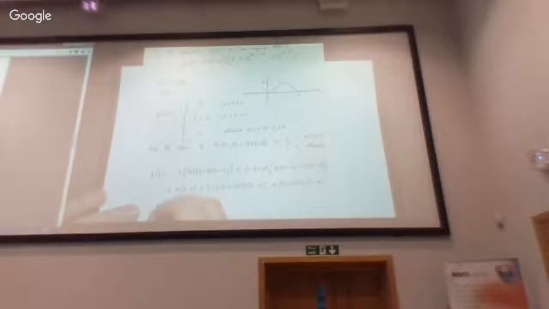A convenient way to change this yet again, to get it to how it is in the answer, is to take out the minus 2. That's t minus 2 times h of t minus 2, plus t minus 4 times h of t minus 4. So this is as required. That's the expression that's given to us there.